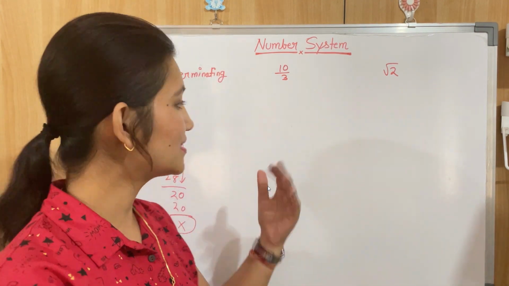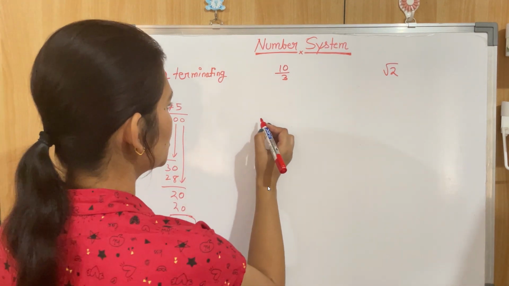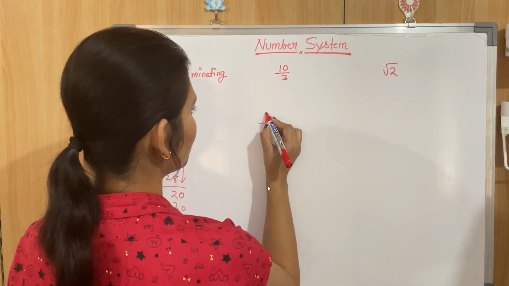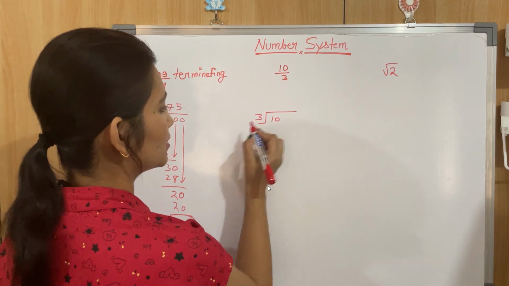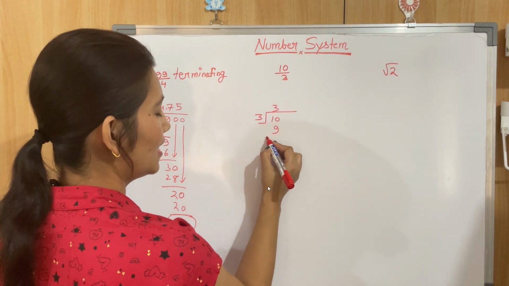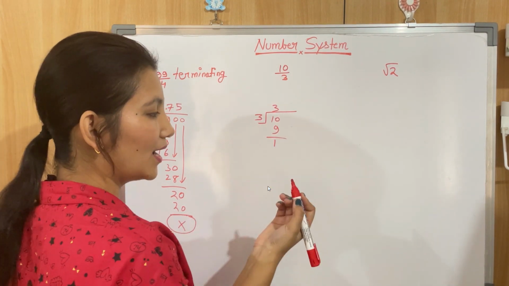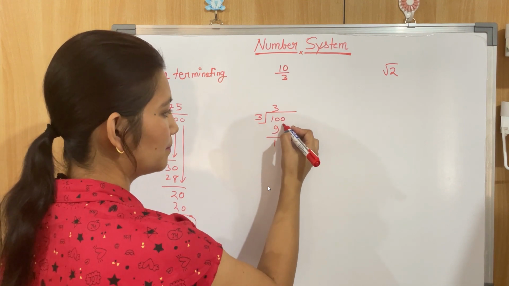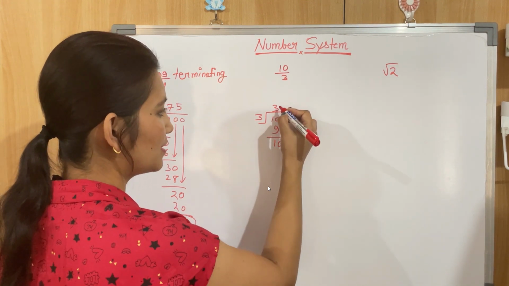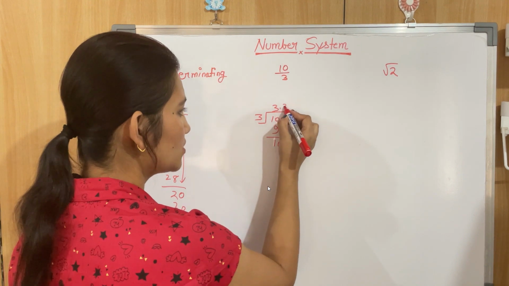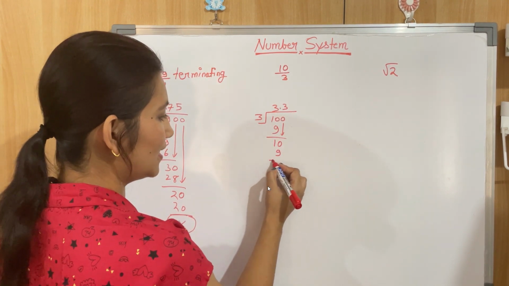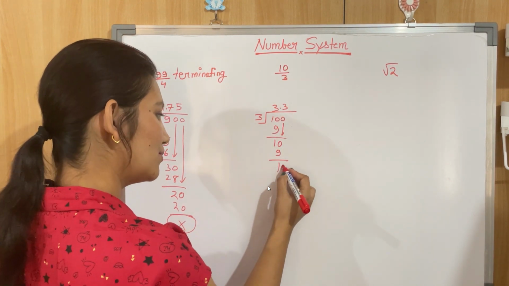Let's see the second case, 10 upon 3. So 10 upon 3 means 10 divided by 3. So 3 times 3 is 9, we are left with only 1, and there is nothing. So we will bring down 0, and once we bring down 0, we'll add a decimal. So again 3 times 3 is 9, then 1, we'll again bring down a 0.